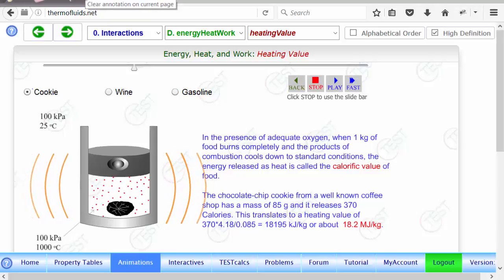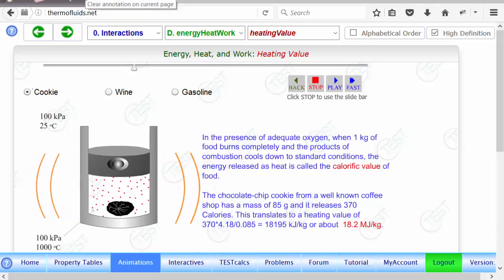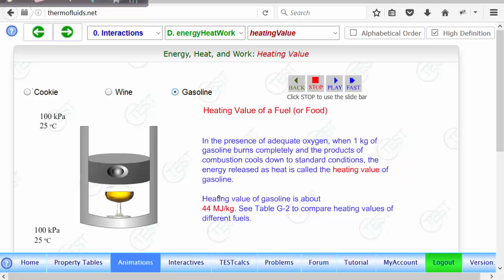Anyway, so our benchmark for heat would be the heating value of gasoline, 44 million joule per kg. So whenever you have to discuss energy or heat transfer in any context, think of 1 kg of gasoline. If I burn 1 kg of gasoline, how much heat will come out? The maximum amount that will come out is called the heating value.